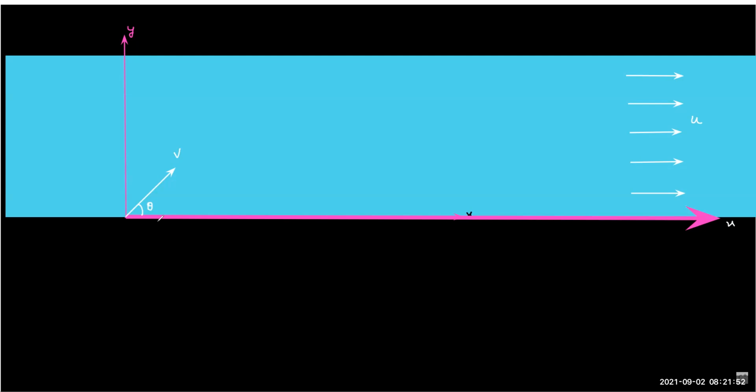So what is the line of motion? How to find it? The line of motion is determined by the resultant of the v and u vectors. If this is the u vector, we have to complete a parallelogram.